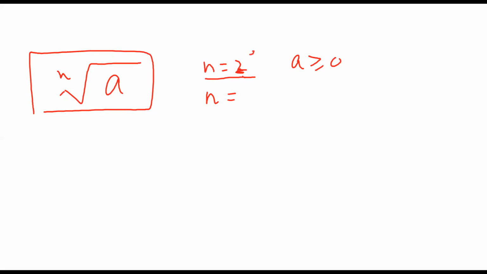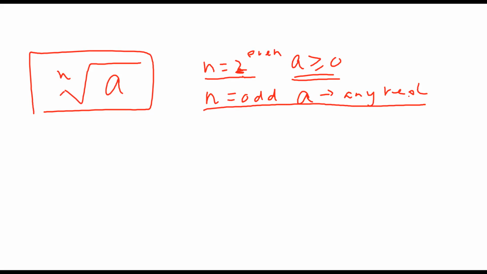If n is an odd number, a doesn't necessarily have to be; a can be anything, any real number, right? Right now, say, you can say right now square root.